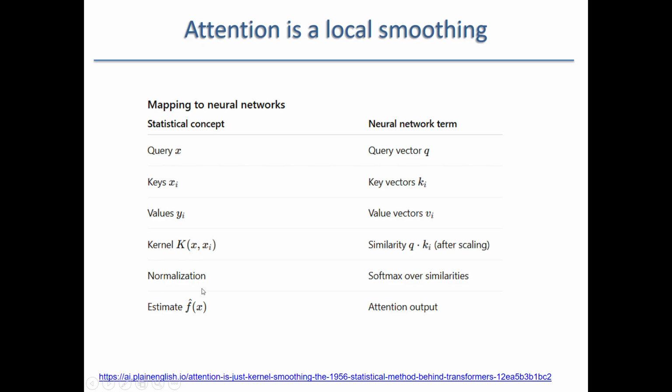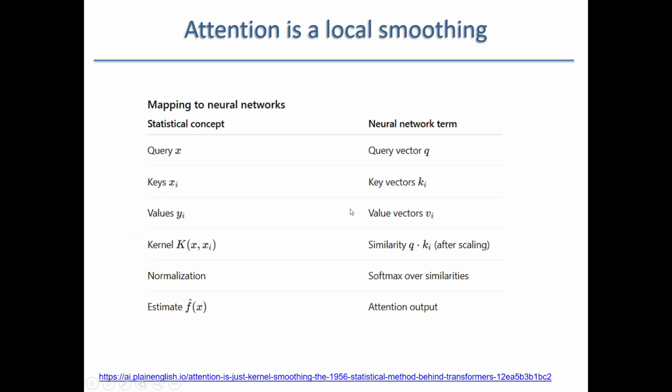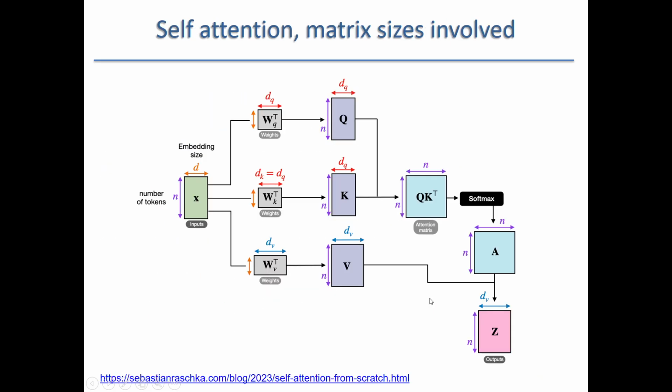Then we estimate f as the weighted average of the values. So that will be our attention output. So actually that is this set here.